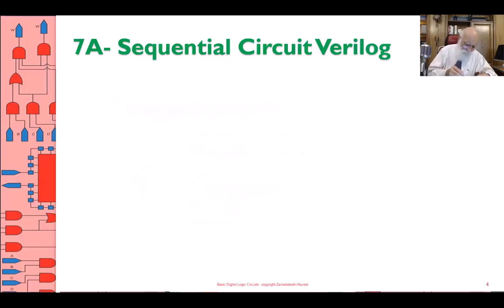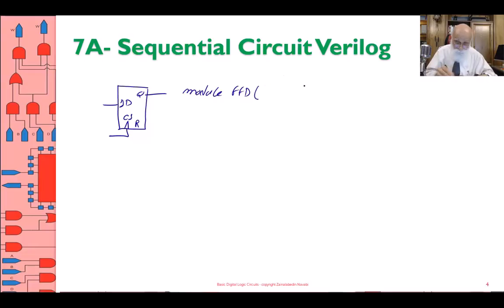The symbol for the flip-flop is this, and every Verilog we write is according to this notation. C1, and then I have an R, asynchronous, 1D, and then Q. I don't really need to write all the details of the inputs and outputs, but for a few of them I will do that anyway.